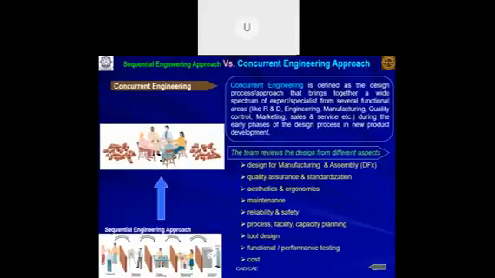Now, this will be very much useful in the concurrent engineering concept, because in concurrent engineering, experts from different fields will sit together and, as you already know, they will review your product from different angles: assembly, manufacturing, aesthetics, ergonomics, maintenance, reliability, safety, capacity planning, functional testing, tool design, and cost point of view.